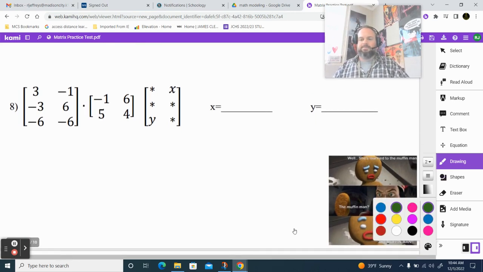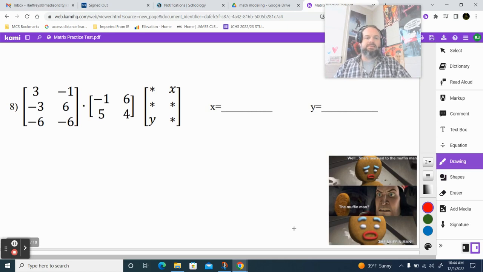So X is right here. This is in the first row, second column. So I'm going to multiply this and this. That's 3 times 6 plus -1 times 4.